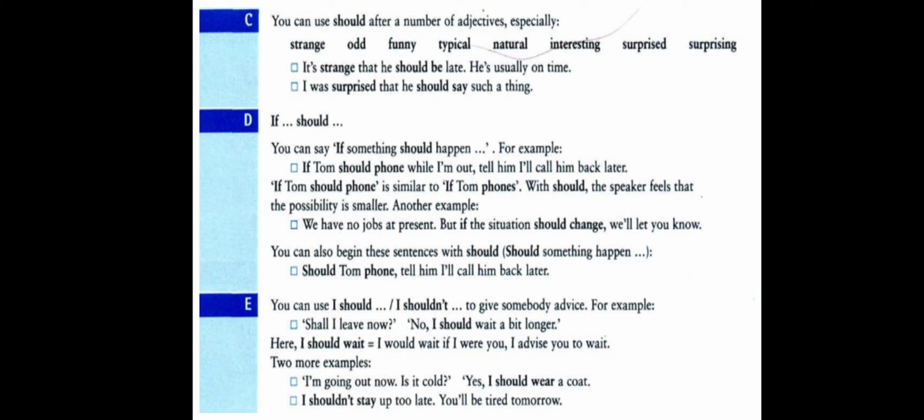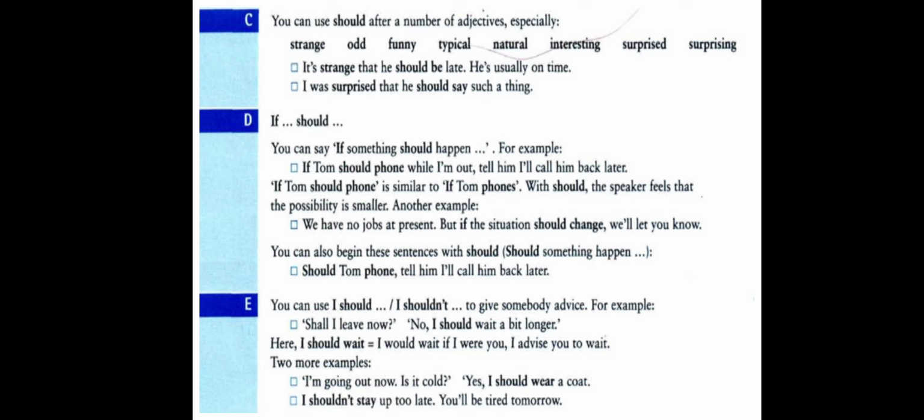the should plus the base form here in the if clause indicates that the possibility is less. The possibility of the action to happen is less. For example, if Tom should phone while I am out, tell him I'll call him back later.